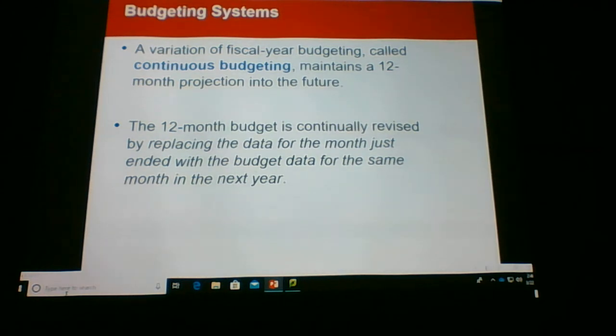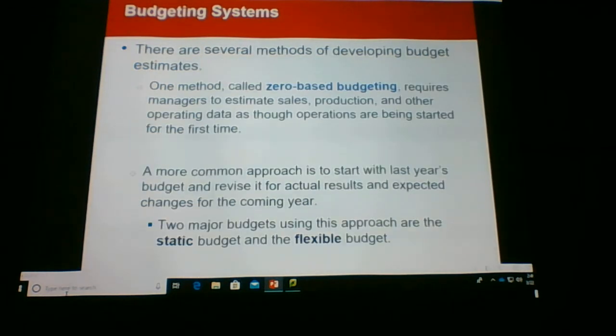Okay? But continuous budgeting is a continuous 12-month projection. So if we're in February, we have the month of February, and then we have 11 more months after that. When February is over, it drops off. We pick up with March, and we have another 12 months going forward, and so forth. All right.